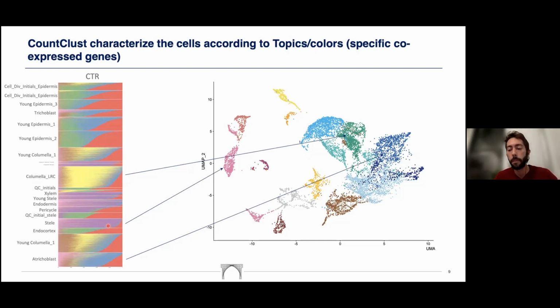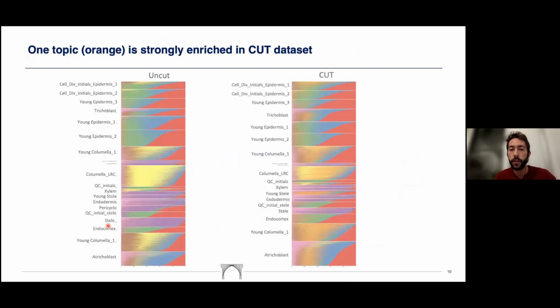And when we look at the cut data sets, what we found is that in the cut, we see the rise of a new topic that is only expressed in the cut data set and not in the uncut. This is the orange topic. You can see here that lots of cells are getting this topic, and when you look at the same cluster, the young columella, this topic is not present in the uncut condition.